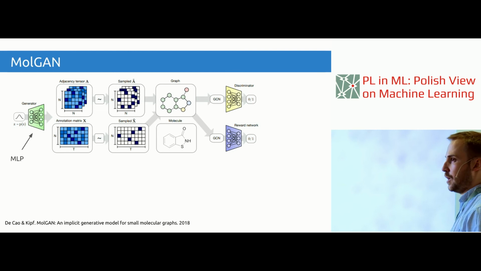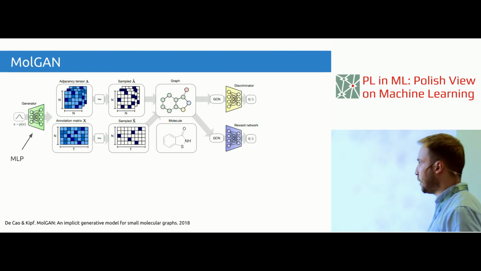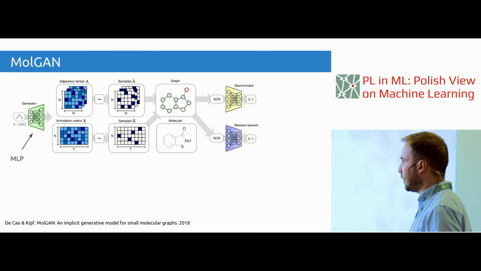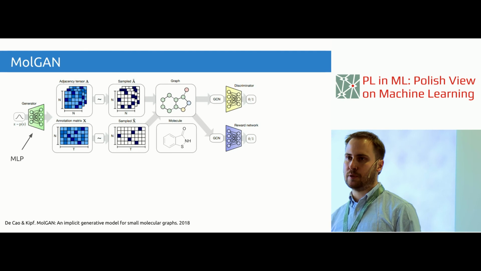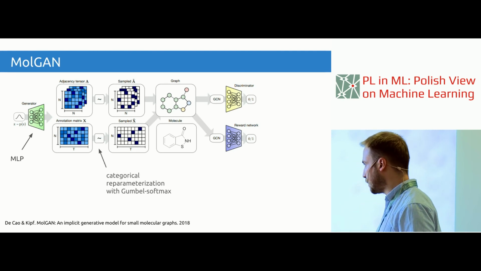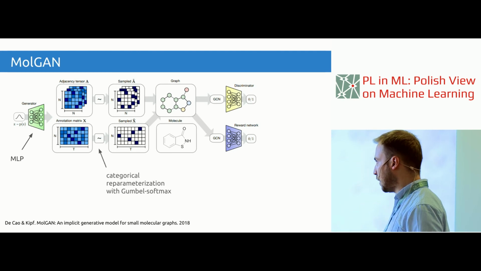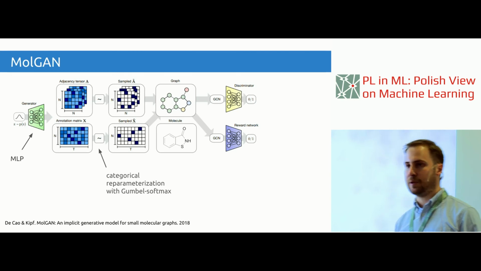The generations are in a continuous representation, so then they are doing just sampling. Sampling, of course, is a non-differentiable operation, so they are just applying here the reparametrization trick with Gumbel softmax.